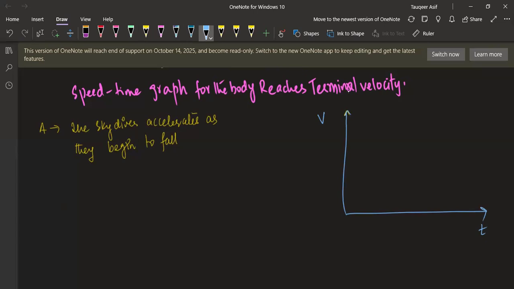So speed, the skydiver is going to accelerate. So initially it's going to be like that, and let me call it A.